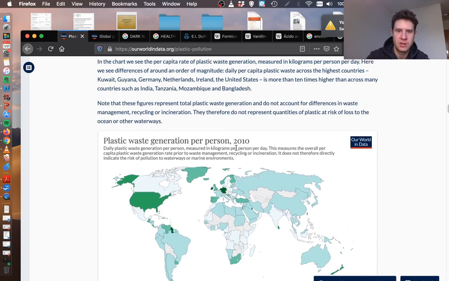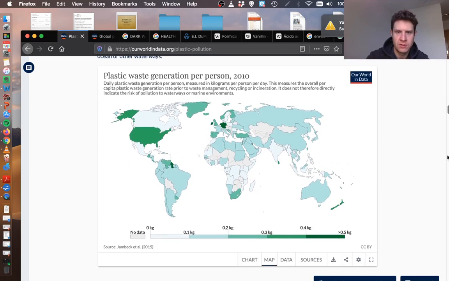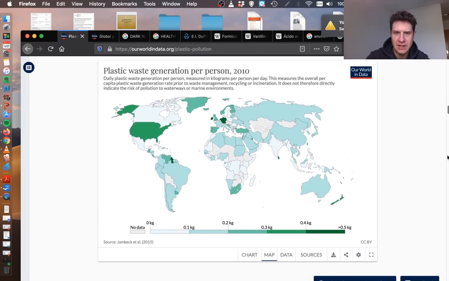Which countries pollute more per person? So we have, for example, Germany that has a lot. Every day, half a kilo of plastic is thrown to the garbage.